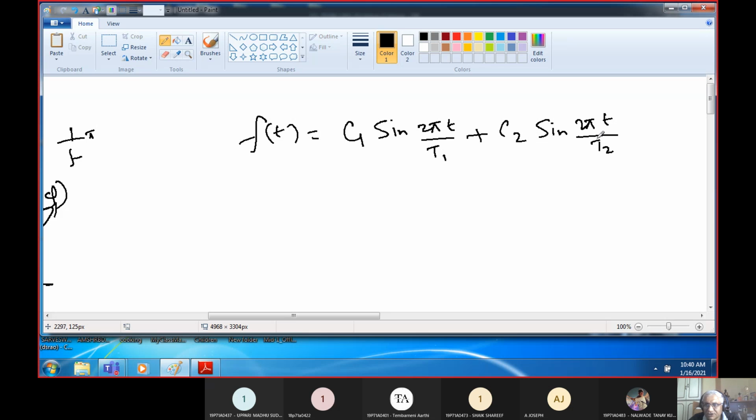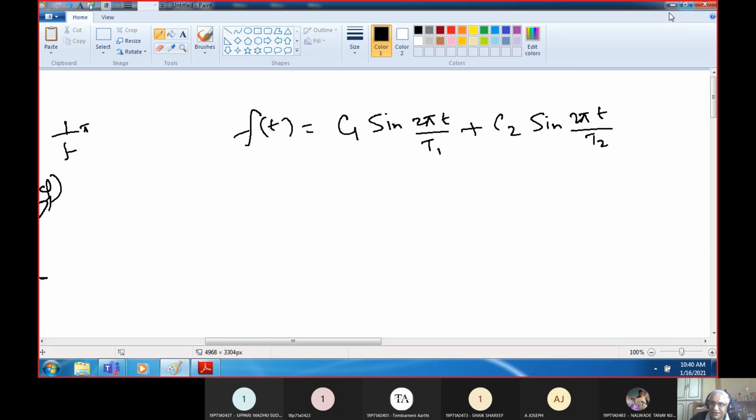Now these two are added to generate f of t.